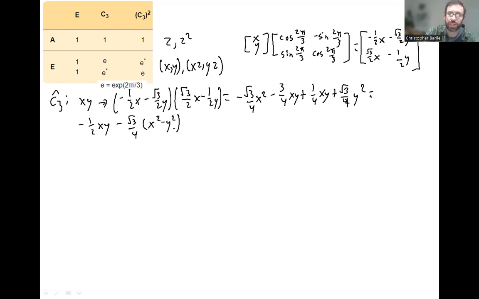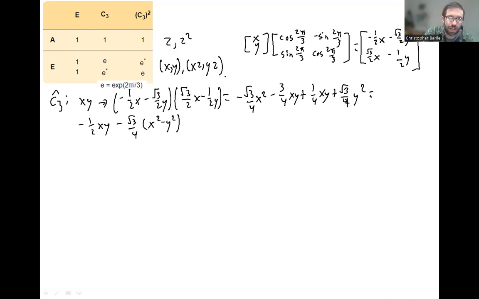So this is very interesting. Just like x could only be defined in terms of x and y as a result of the C3 operation, here xy can only be defined in terms of a linear combination of xy and x squared minus y squared. So right away, this actually is sort of the end.